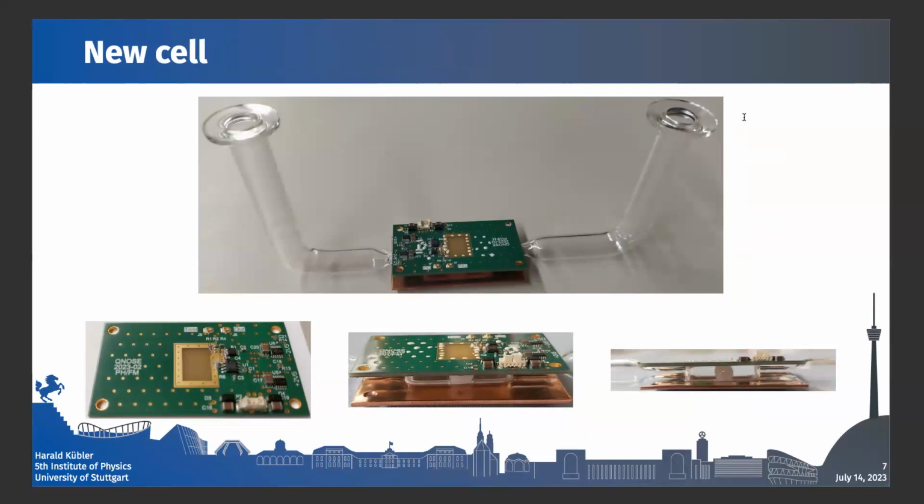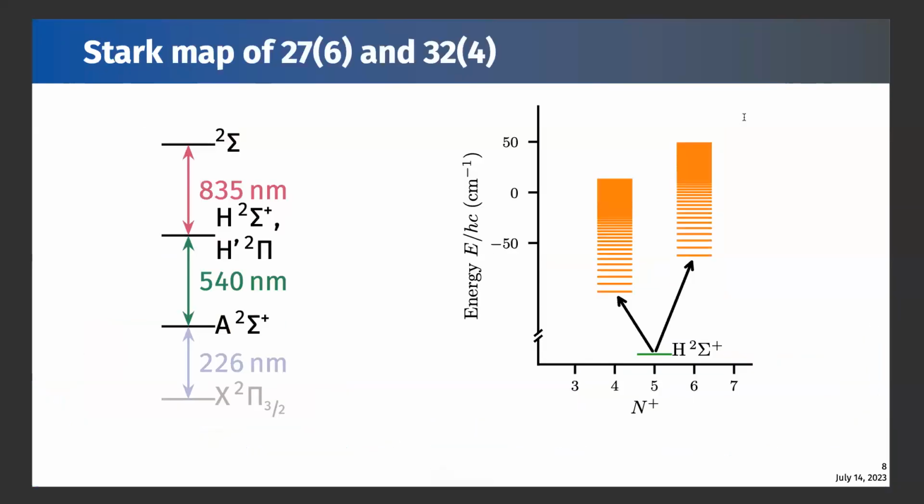We had to play some electronic tricks, with way more shielding and field compensation areas around the cell. And now with these changes, we also changed the state we're looking at.